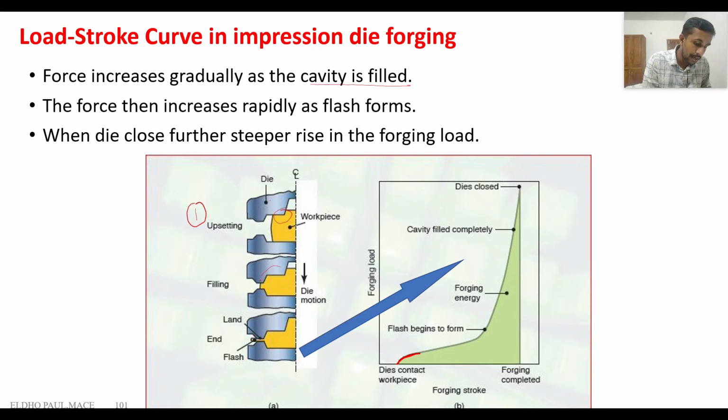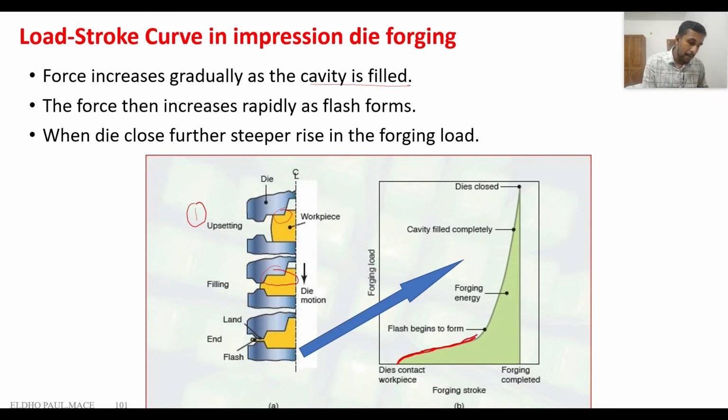So we can see the deformation of the workpiece, and during this deformation, we can see the increase of force required. When the deformation is continuing, we need to apply a higher amount of force. But this is a gradual increase in force, in this region.